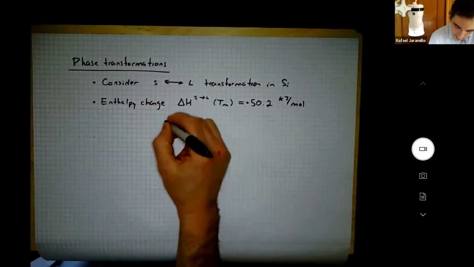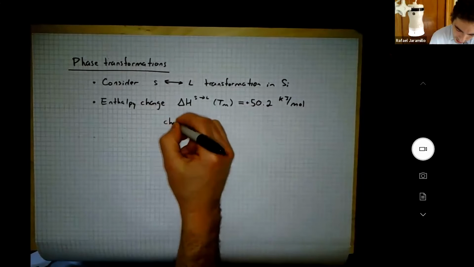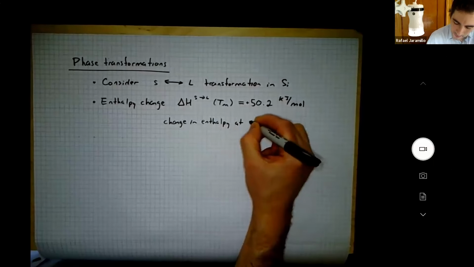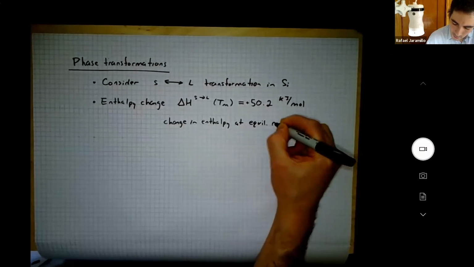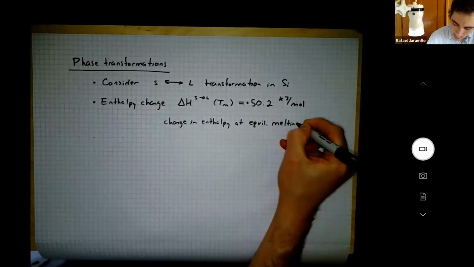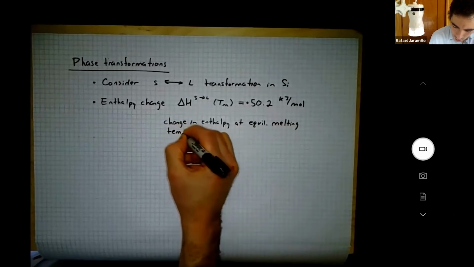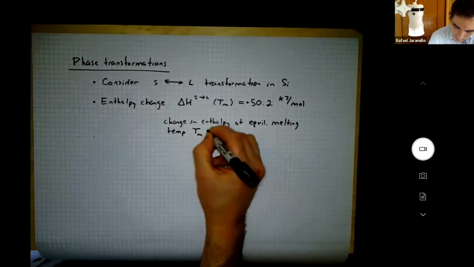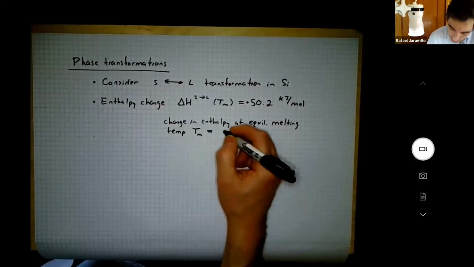This is the change in enthalpy at the equilibrium melting temperature. T melting equals 1685 Kelvin. I always remember the Celsius a little bit better. 1412 degrees C. All right, so that's hot, but not too hot.